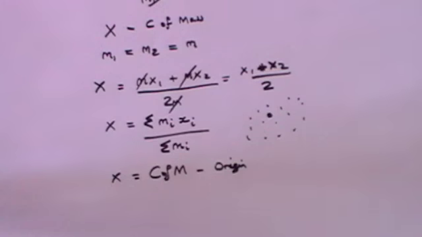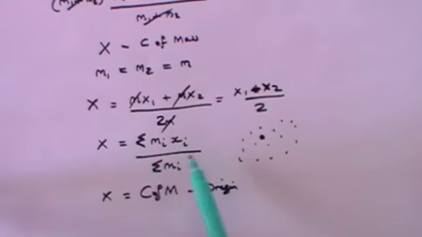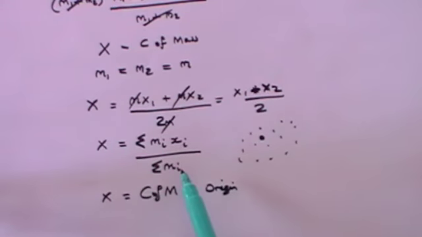But suppose we put our origin at the point of the centre of mass. If we regard our origin as being at the same point as the centre of mass, what happens then? Then X must be 0, because if the origin and the centre of mass are at the same place, X is 0. Now X is this term here. The total sum of the masses cannot be 0, so it's this term that must be 0.